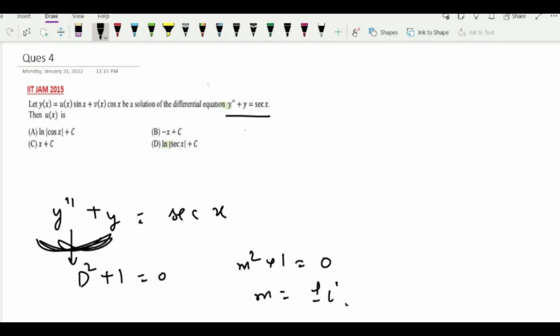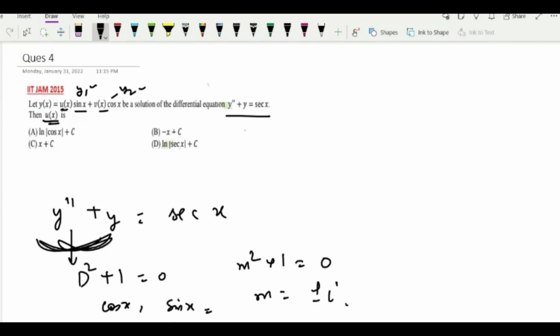So we get an idea here: the two independent solutions are cos x and sin x, and they have also taken sin x and cos x. So we consider sin x as y1 and cos x as y2, and this becomes the method of variation of parameters. y(x) is equal to u(x) y1 plus v(x) y2, and they have only asked about u(x).